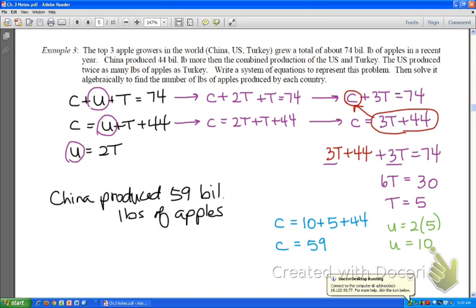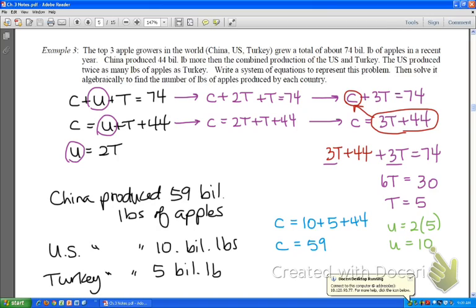What other country can we talk about? Yeah, so the US produced, I'm just going to use quotation marks since I've written it out for the first one. You can kind of do that. US produced how many pounds? 10 pounds or 10 billion pounds. Yeah, make sure you don't forget about that. And finally, Turkey produced 5 billion pounds, right? Can turkeys even grow? Apparently.